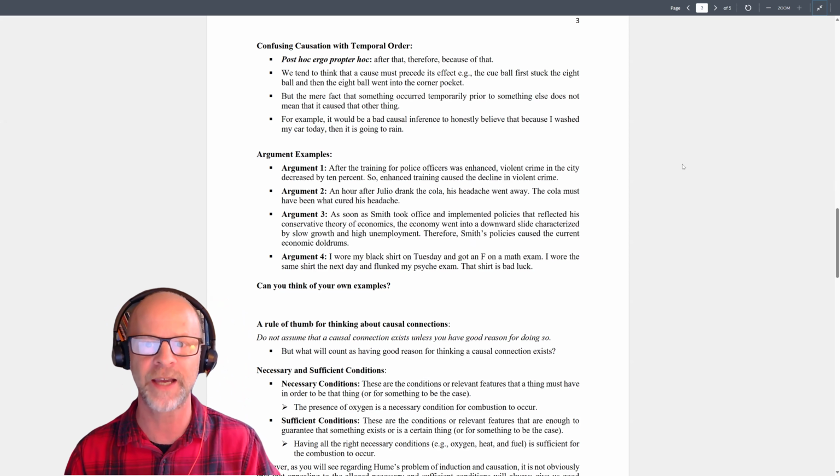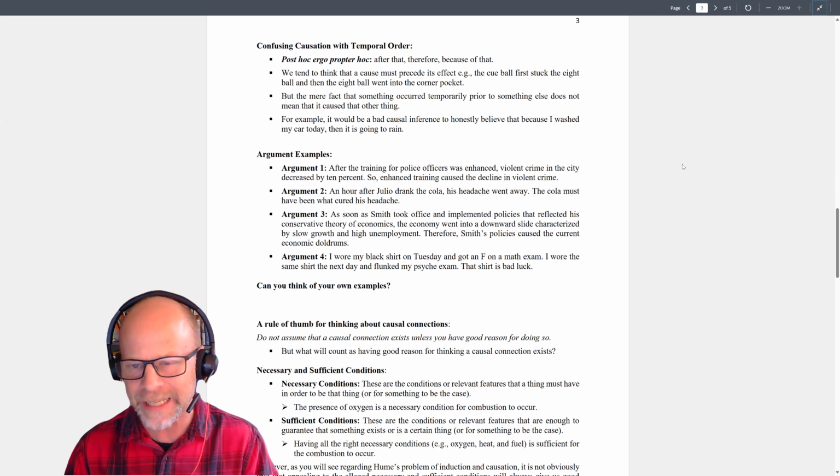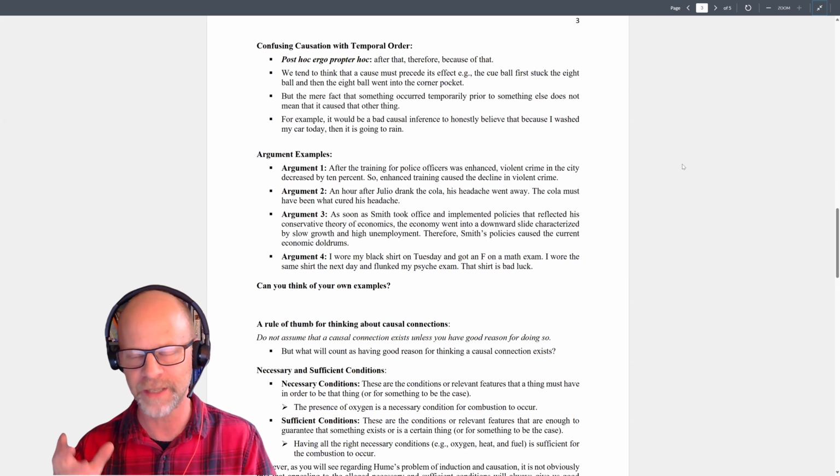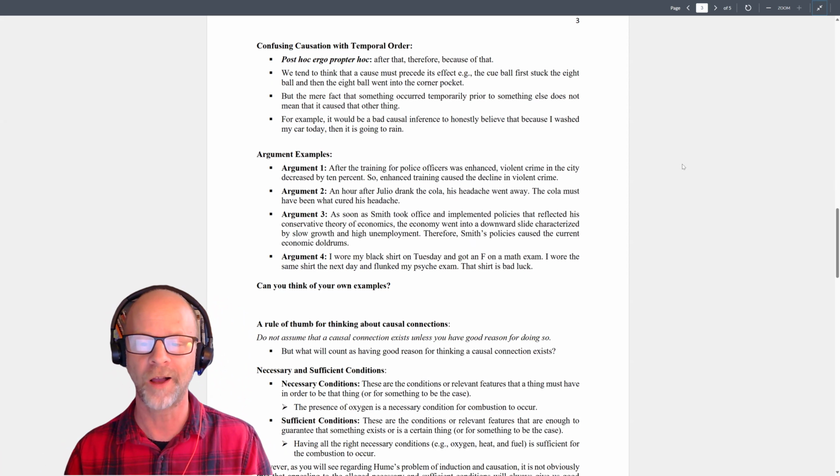Right? So we tend to think that a cause must precede its effect. Just think about the example of a cue ball when you're playing billiards, right? So you hit the cue ball first, and then the cue ball strikes the eight ball, and then the eight ball goes into the corner pocket, right? So we think that there's a causal relation here because of the temporal order in which these events occur.